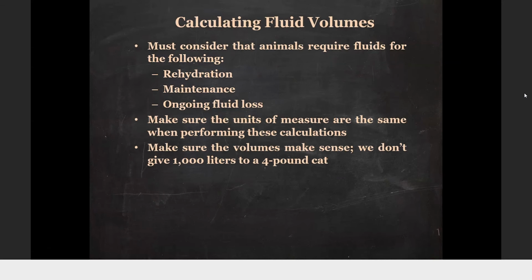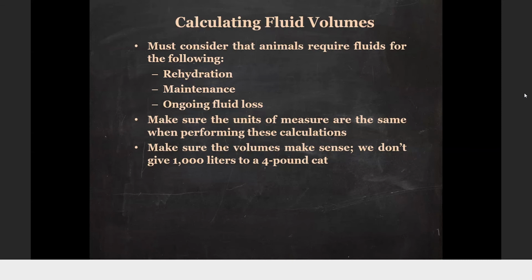But certain schools of thought say you have to calculate all three. Others say you only calculate the ongoing fluid loss and the maintenance, and you don't have to calculate the hydration status. But for the sake of knowledge, I'm going to teach you all three, to consider all three requirements before replacing the fluids for the animals.